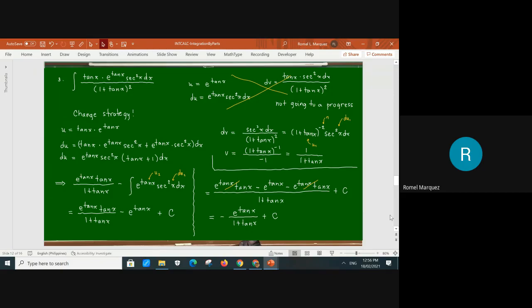It's like you are just playing chess. You have to strategize on how you are going to defeat your enemy or opponent. Here, our enemy is this integral sign. How are we going to kill that worm-looking symbol? That's your goal, to get rid of that worm-looking symbol.